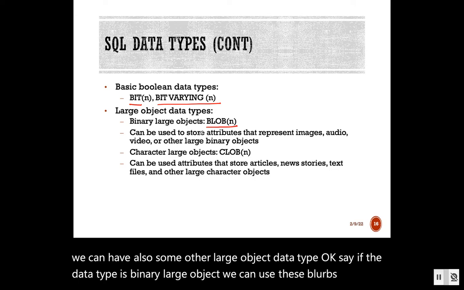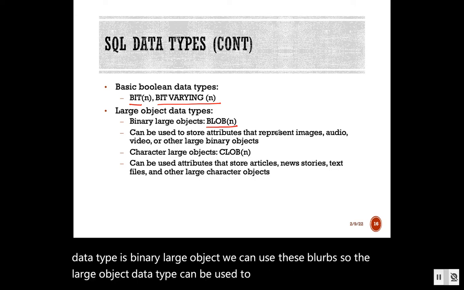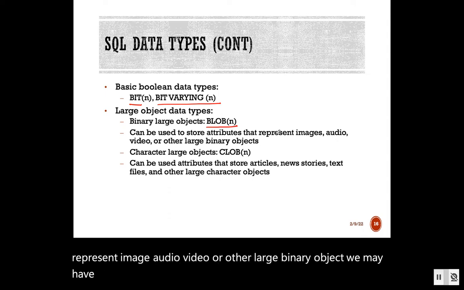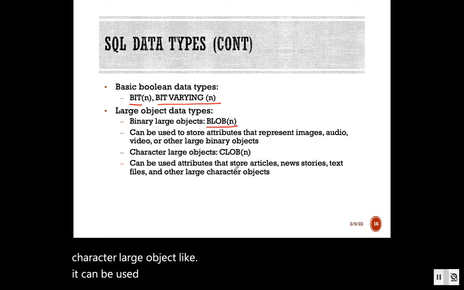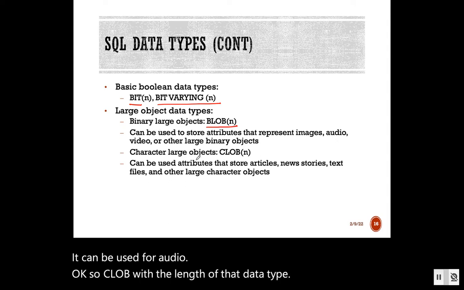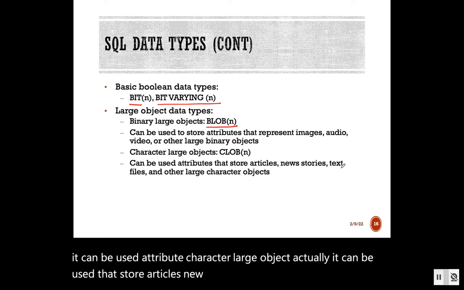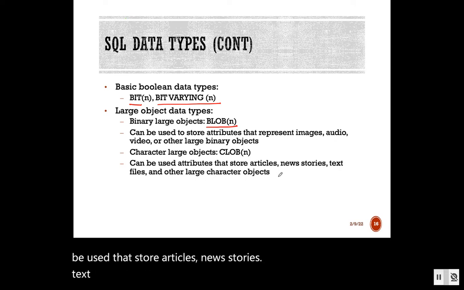The large object data type can be used to store attributes that represent images, audio, video, or other large binary objects. We may also have a character large object, CLOB, with the length of the data type. It can be used to store articles, news stories, text files, and other large character objects.